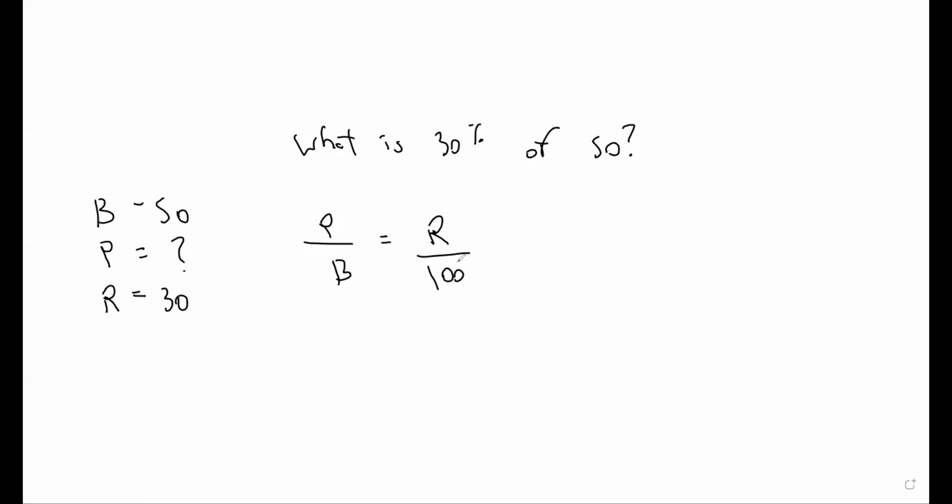So for example, 30 is R, so 30 will go over right here. And then B is 50, so 50 will go right there. You just have to make sure that you plug them into their actual corresponding letters. Otherwise, of course, you'll get the wrong answer.